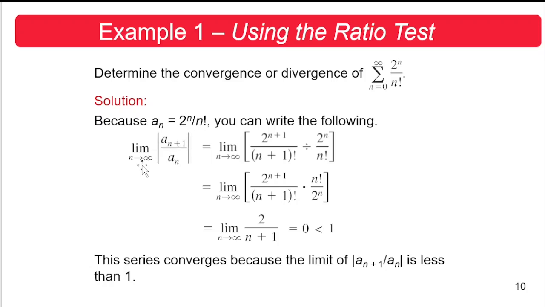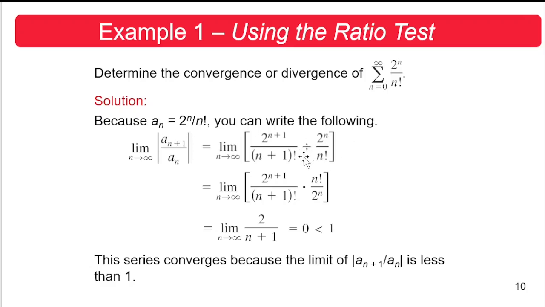By using the formula, the limit of the absolute value of a sub n plus 1 over a sub n as n approaches infinity can be written as the limit of a sub n plus 1, where a sub n plus 1 is obtained by replacing all the n variables by n plus 1. So this can be written as 2 raised to n plus 1 over n plus 1 factorial, divided by a sub n, but a sub n is given as 2 to the n over n factorial.